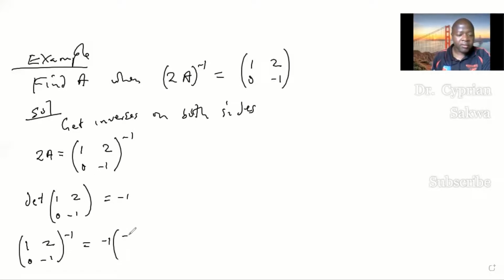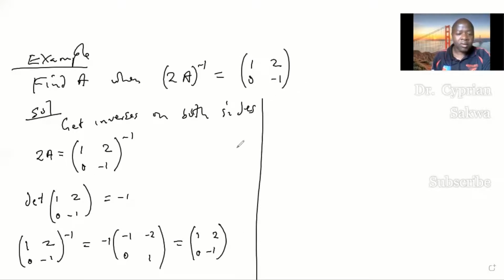Let me reverse the elements on the leading diagonal, and then change the signs in the other diagonal. If I open the brackets, I would have 1, 2, 0, negative 1 as the inverse of this matrix.